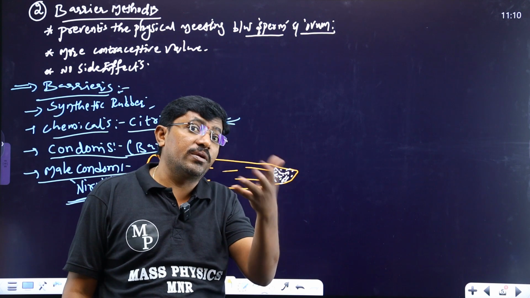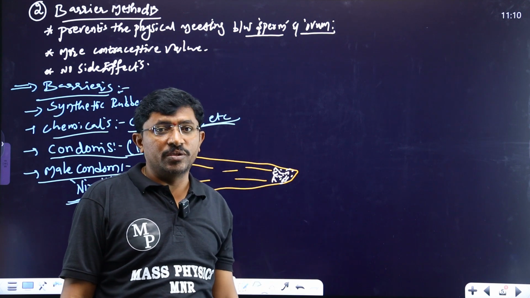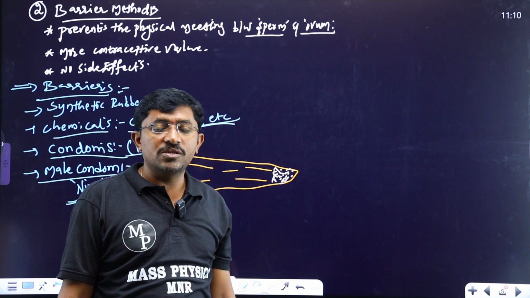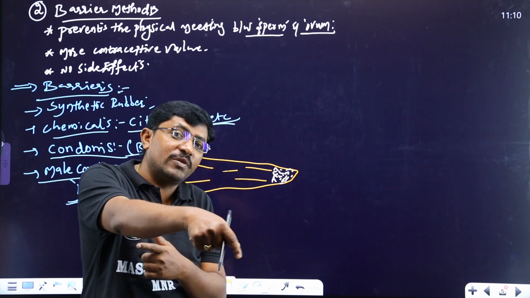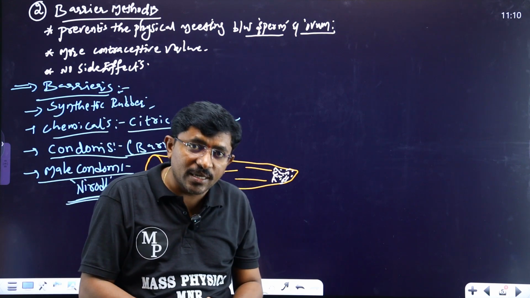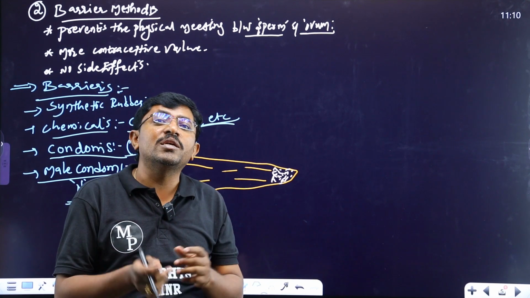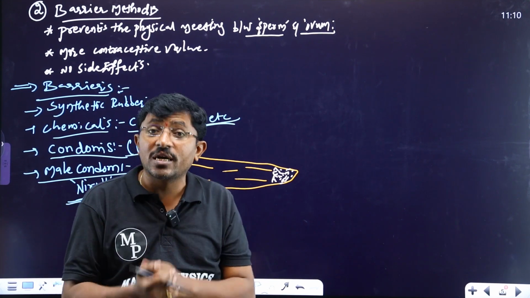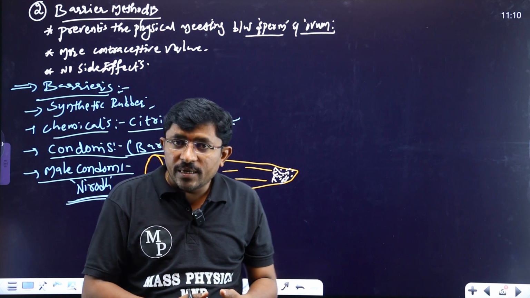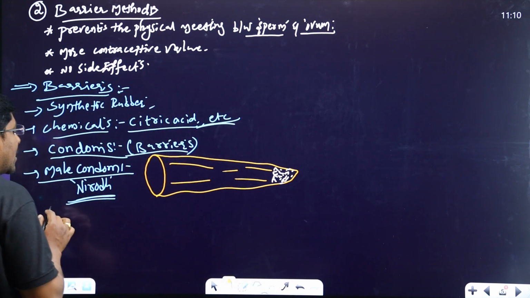The semen is not allowed to enter the female reproductive tract. So there is no physical meeting between sperm and ovum, and then there is no chance to conceive. Understood? These are the male condoms.